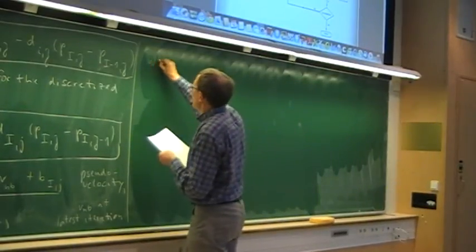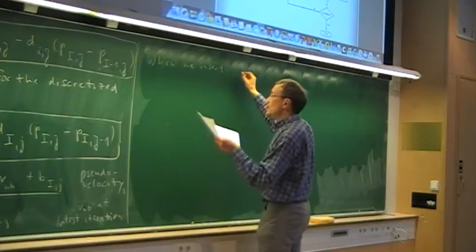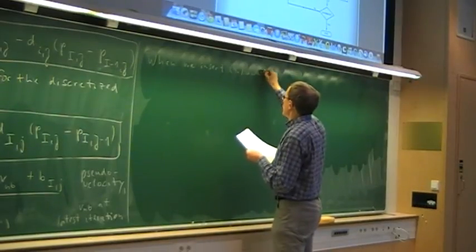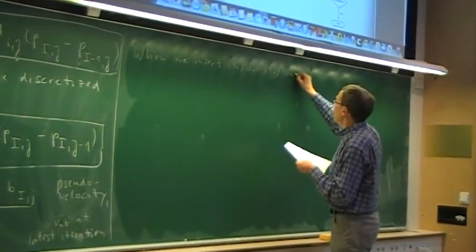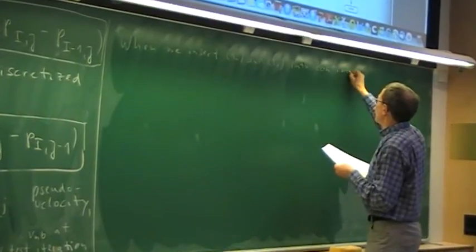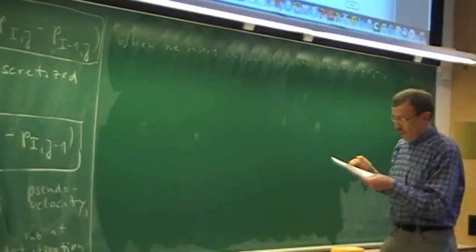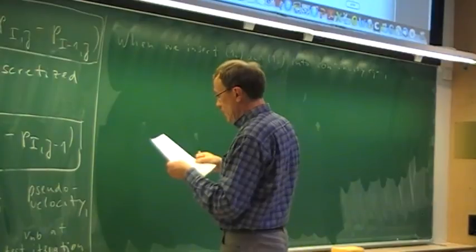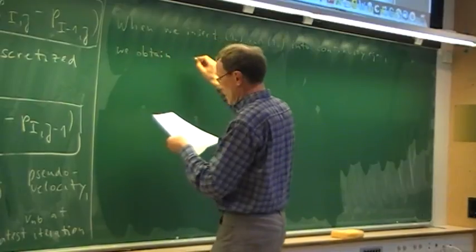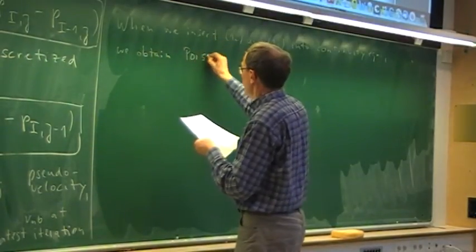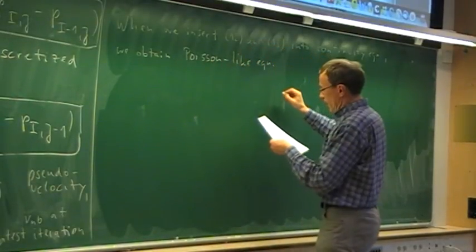So when we insert the relations 12 and 13 with the pseudo velocity components into the continuity equation, we obtain the Poisson-like equation for the pressure.